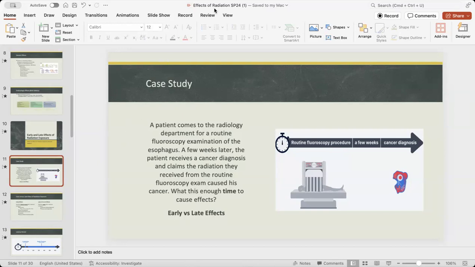Now, if the person was being exposed to some higher dose radiations, like neutrons, maybe even alpha or beta, they could potentially start seeing things a little bit sooner, but not as soon as 3 weeks or a few weeks after they've had that exposure.